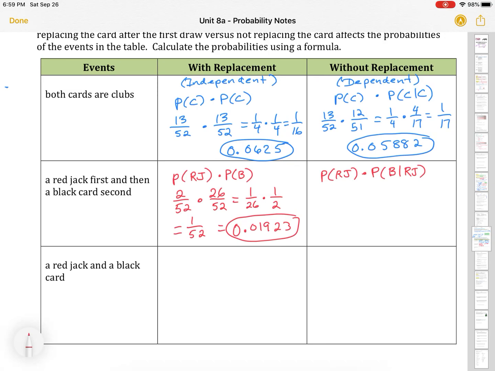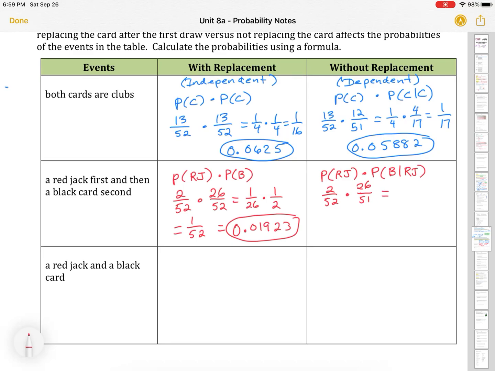For the next one, probability of a red jack times probability of a black card if a red jack was pulled first. And when we're not replacing and we're doing a dependent situation, we need to establish what happened first. So, probability of a red jack we know is 2 out of 52.